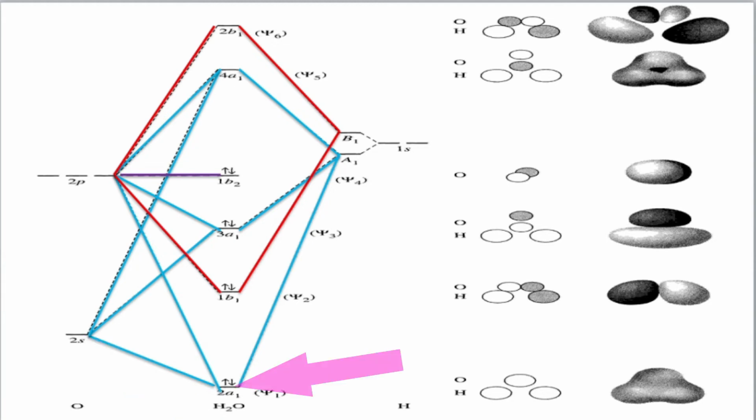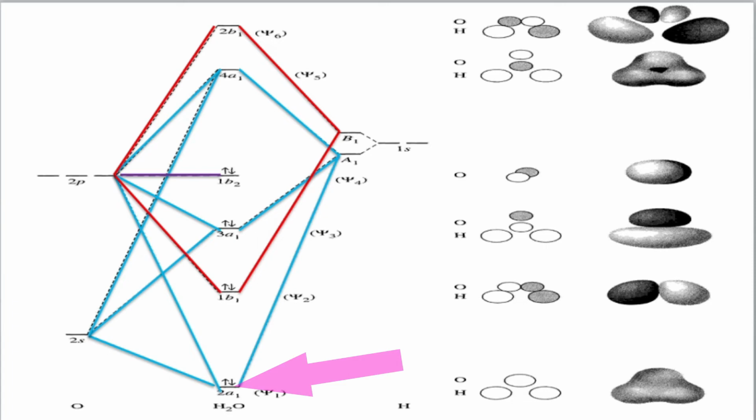The lowest generated orbital is 2A1. Now the question you will have is, this is the first orbital, so why are you representing 2A1? See here, all orbitals are not represented. Oxygen has a 1s orbital, and that 1s orbital also has the A1 symmetry. It is a part of the molecule. Let it be the non-bonding orbital, but we have to label that as per Mulliken's guidelines.